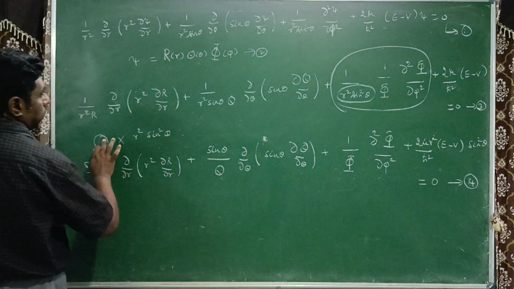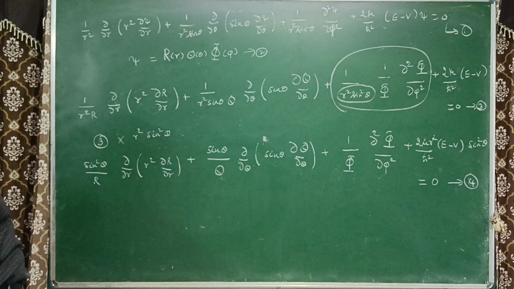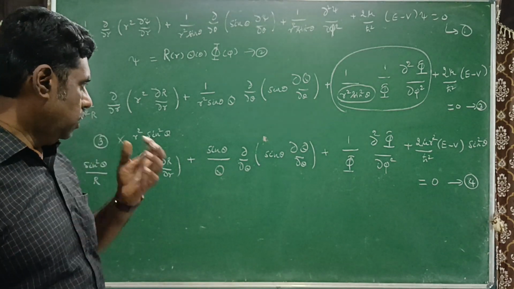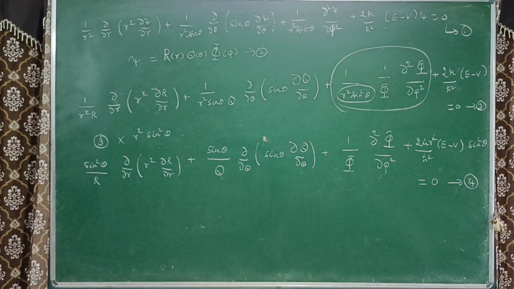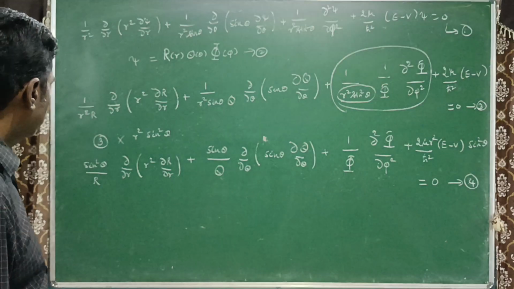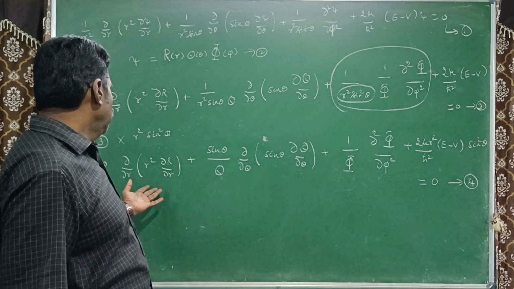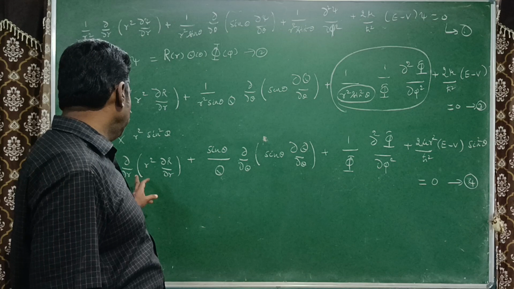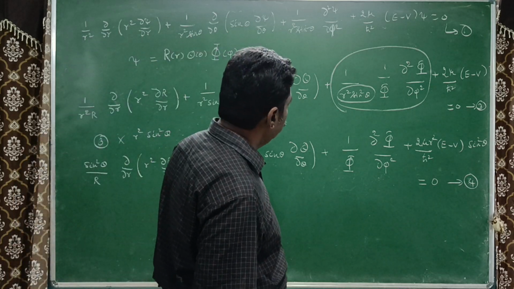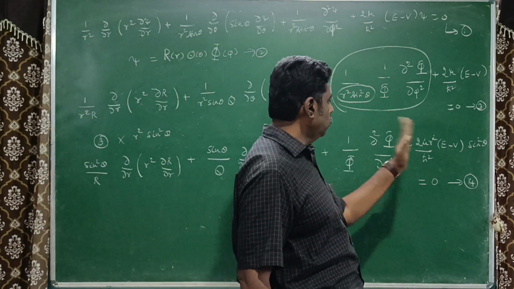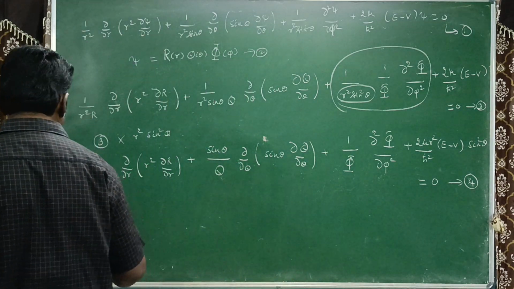Therefore, multiply equation 3 by r square sin square theta. Now see equation 4. We may keep the r and theta terms on the left hand side and shift the phi term to the right hand side.